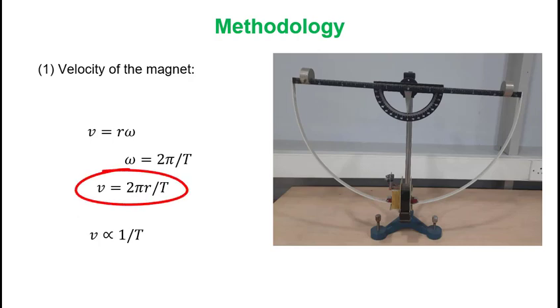So we have the formula now for the velocity of the magnet in terms of the time period of the oscillation.